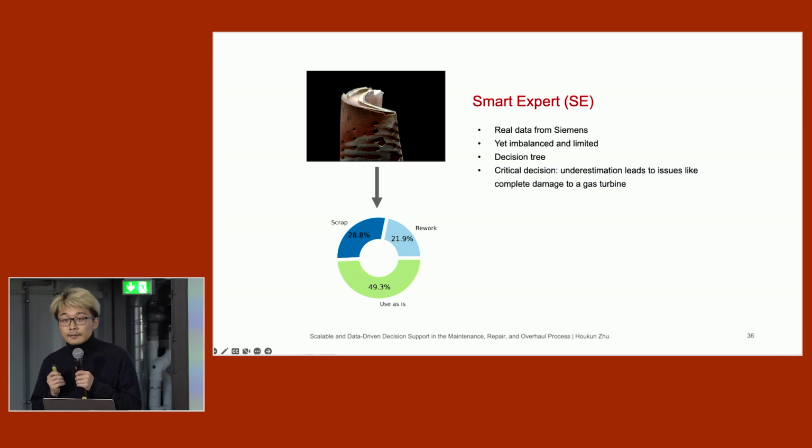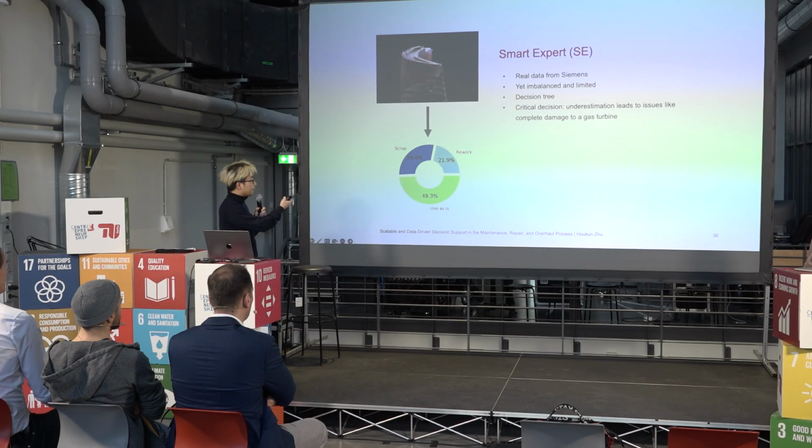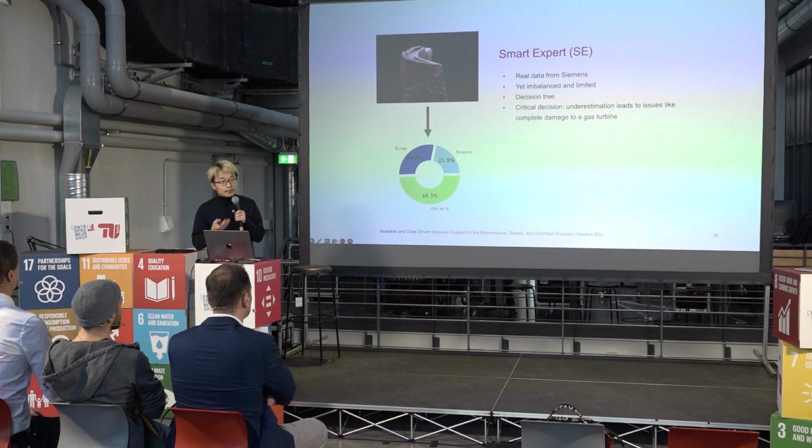Another critical decision we have made is that we reserve the concern of underestimation. Underestimation is a situation where the reality of a blade is scrap, for example, but we predict used as is.